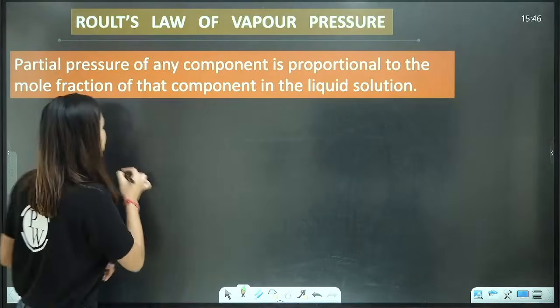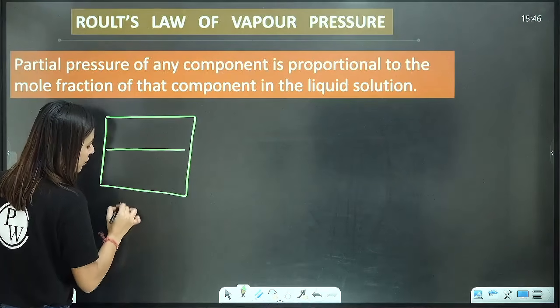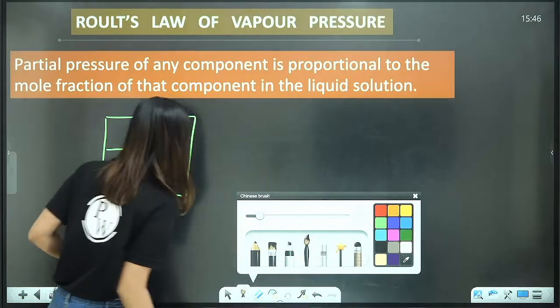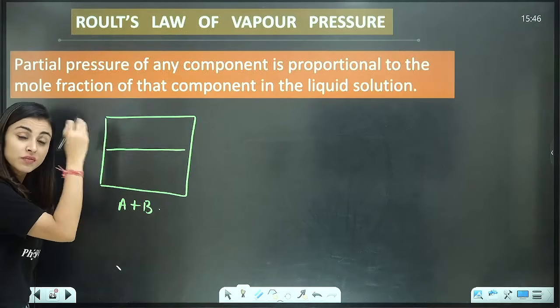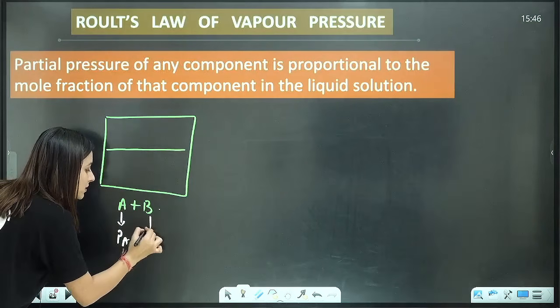Understand that the container which we took here has A and B. When they both are together in this solution, this exerts PA pressure and this exerts PB pressure.